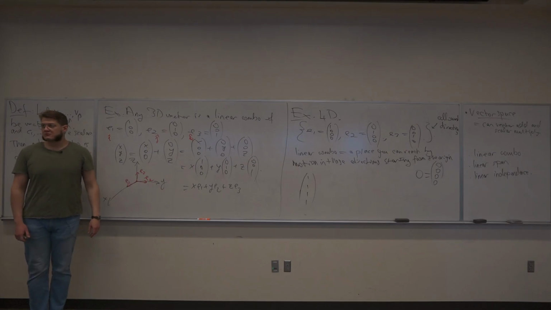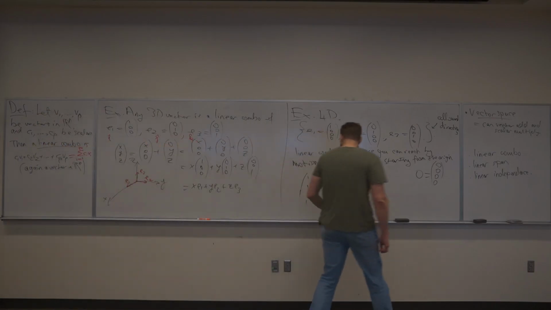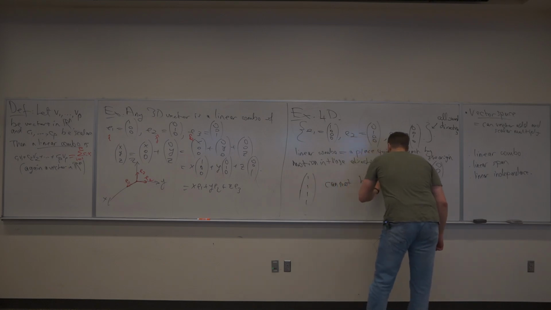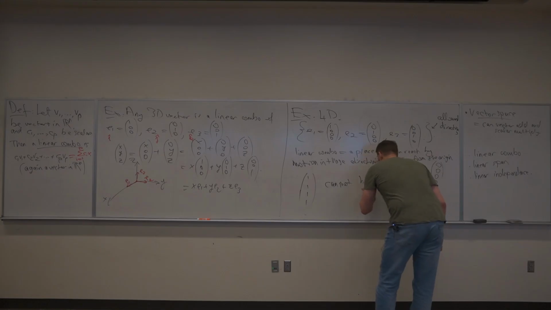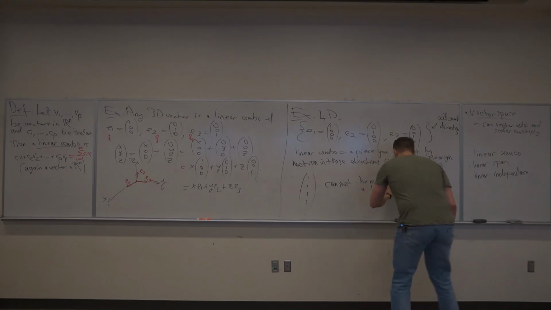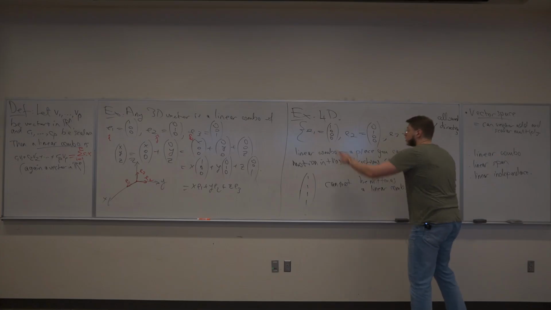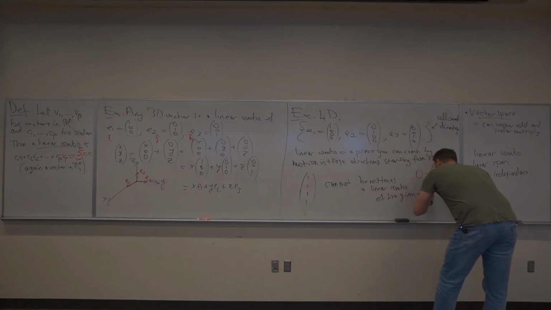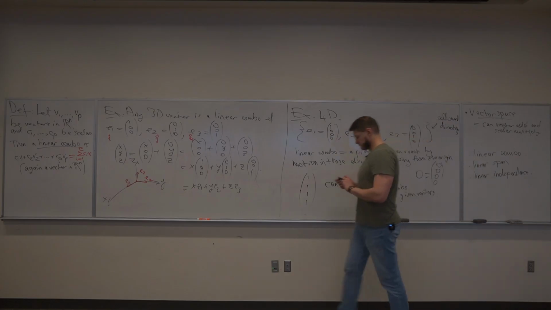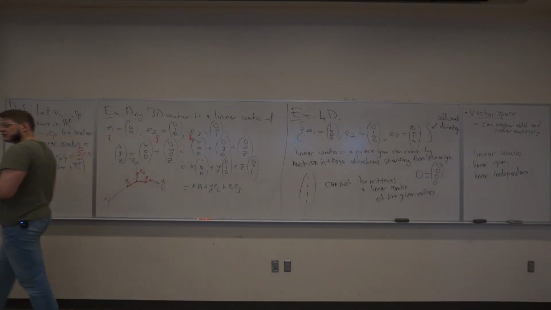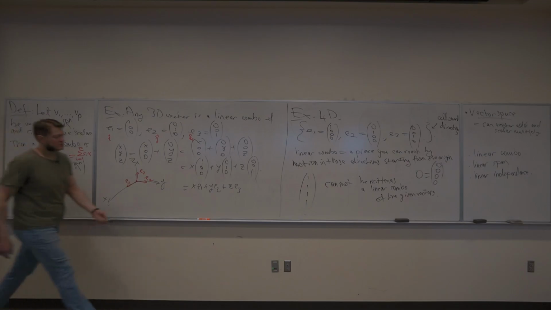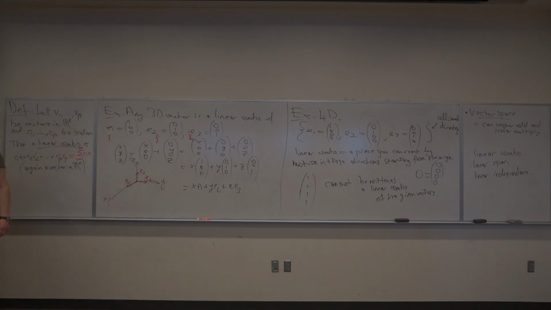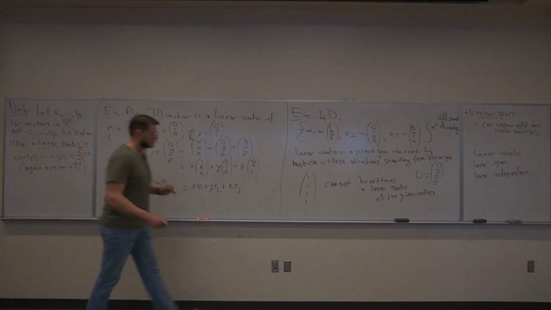So it cannot be written as a linear combo of the given vectors. Another way to say this would be to say, well, this specific vector is not accessible using these three.